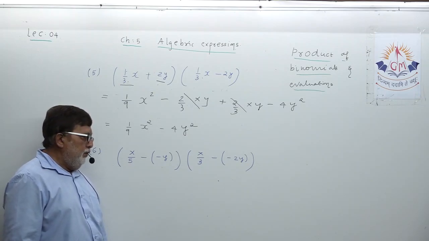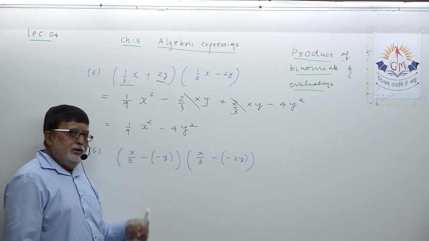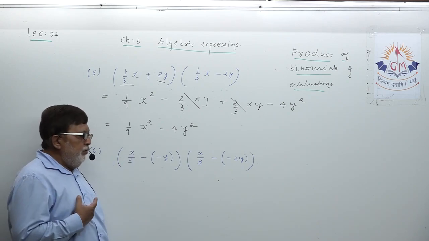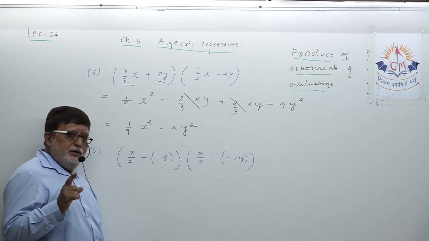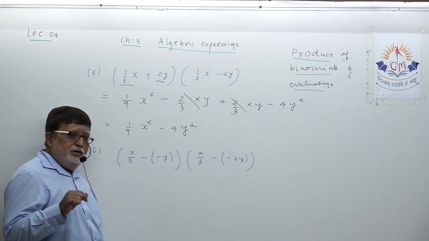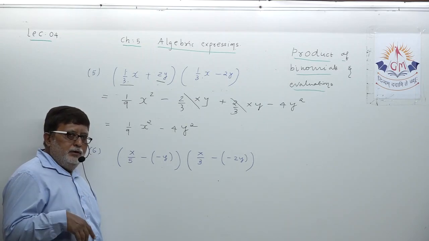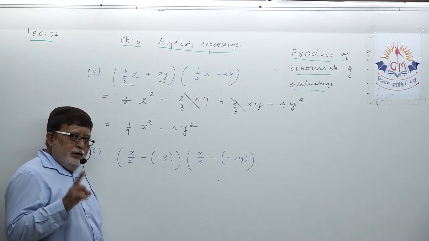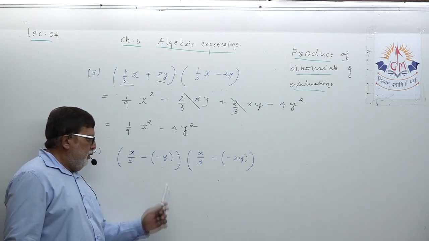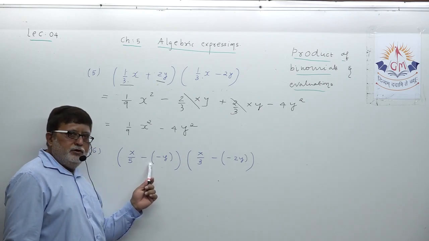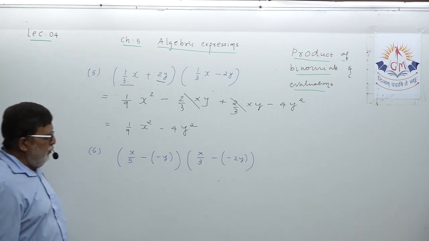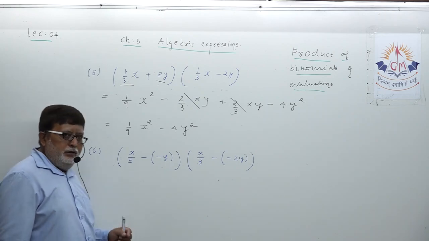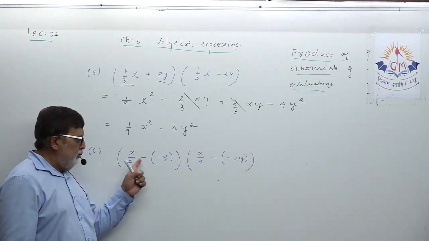Here one thing needs to be clear. First, before you observe this particular example, whatever examples we have done just now in today's lecture, you verify. In all the binomials there were no two successive signs, which you can visualize for the first time in this particular example.